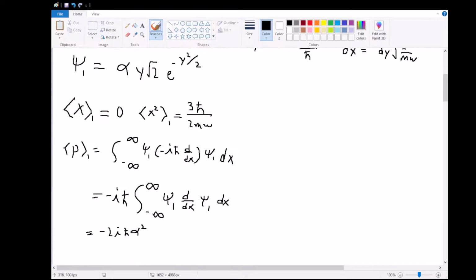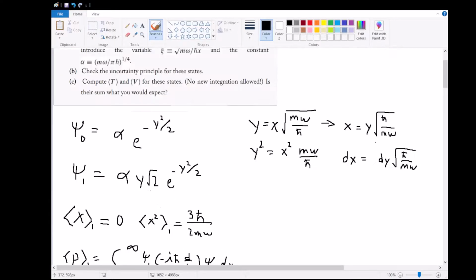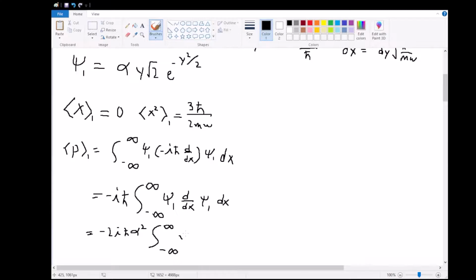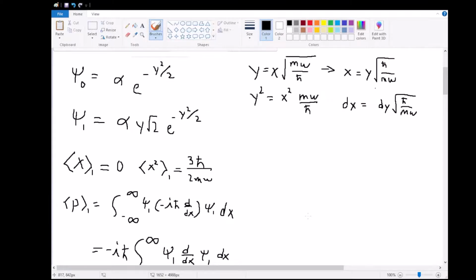And then we have the integral from negative infinity to positive infinity of y times e to the negative y squared over 2 times d by dx of this same term, y times e to the negative y squared over 2 dy, or dx in this case, my apologies.